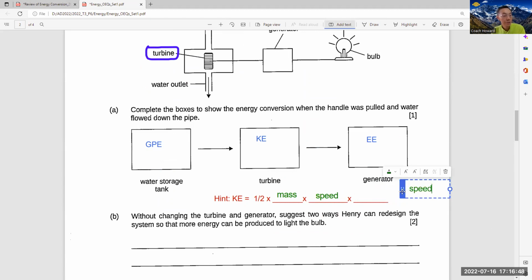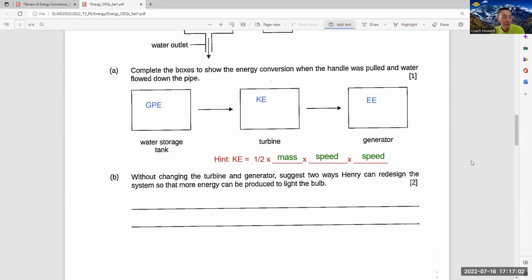So it's actually half mv squared, where v is velocity and m is mass. So kinetic energy is half times mass times the speed of the object times the speed again. That means you learn the mathematical symbol called square. So it's half mv squared.